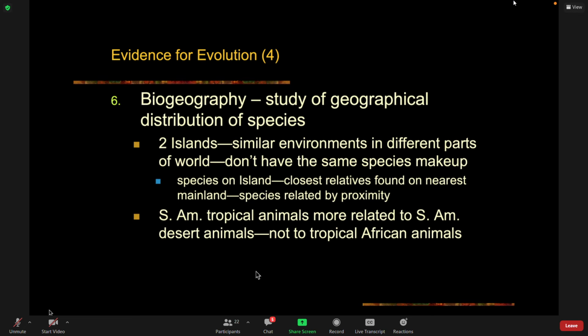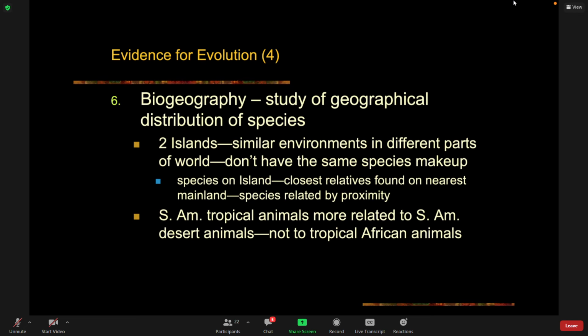Now, furthermore, if we're looking at larger land masses, we'll compare Africa versus South America. There are many different types of habitats, biomes, like a desert biome, tropical forest, savanna. And when we compare the animals in a desert in South America with the animals in a desert in Africa, they're not each other's relatives.